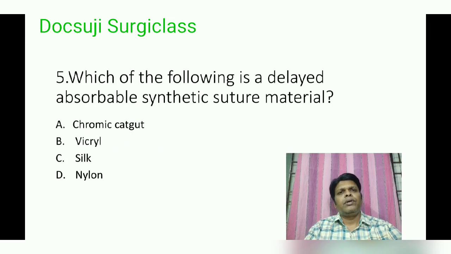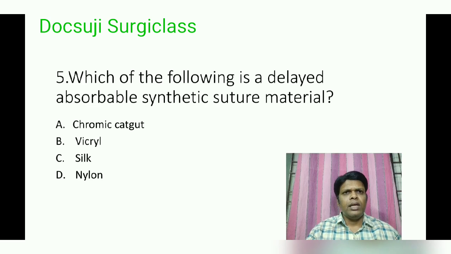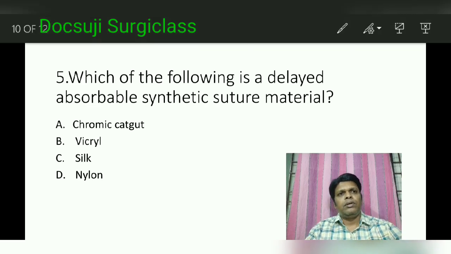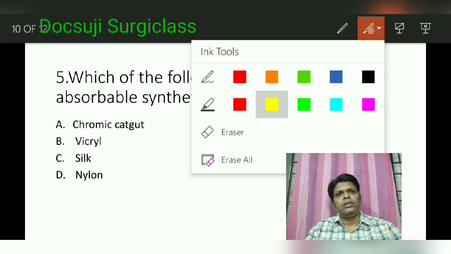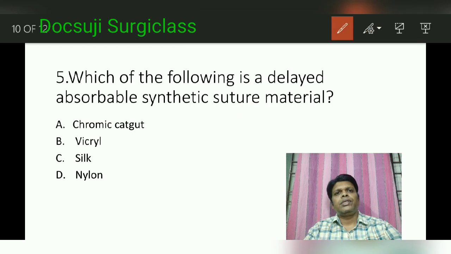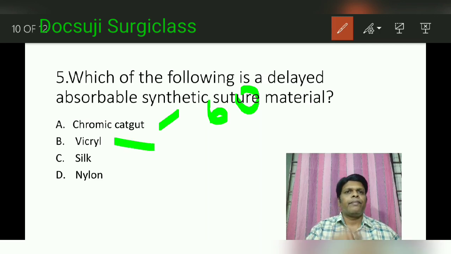Next, we are going to discuss other questions. Only 2 more questions are there. Which of the following is a delayed absorbable synthetic suture material? Just now we discussed chromic catgut, 60 days. Vicryl is an absorbable synthetic material, whereas chromic catgut is an absorbable natural material.